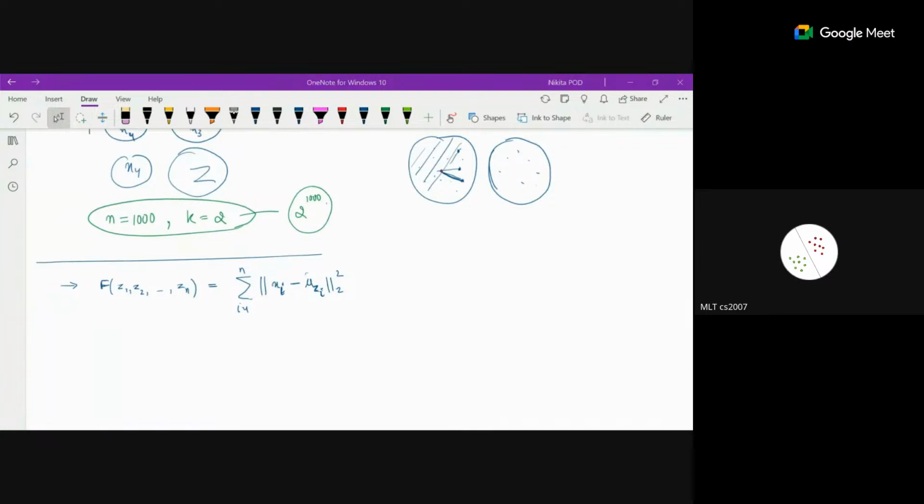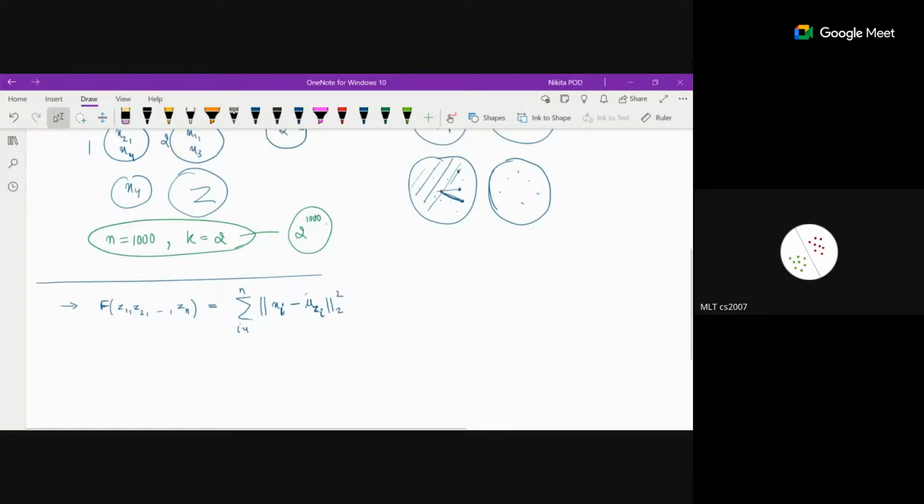What we are saying is, let's assume this is just one example. Let's say that you have this data point with you, and once you have this data point in the cluster, what we would want is the distance between this data point and the mean. So if this is my xi, and xi is in cluster 1, I would want the distance of this xi from mu of 1.